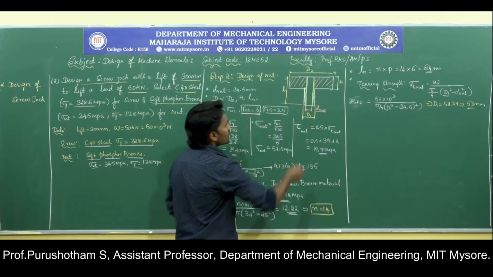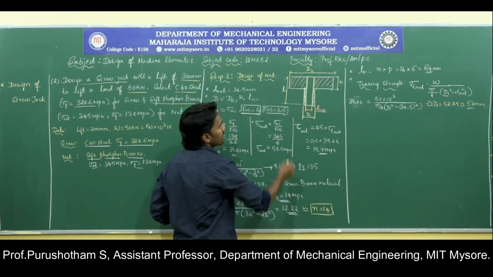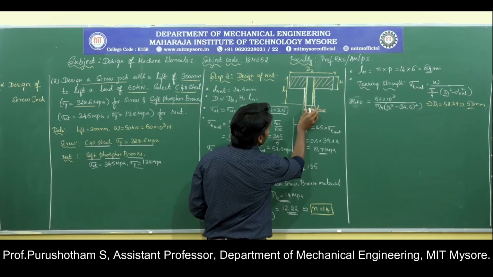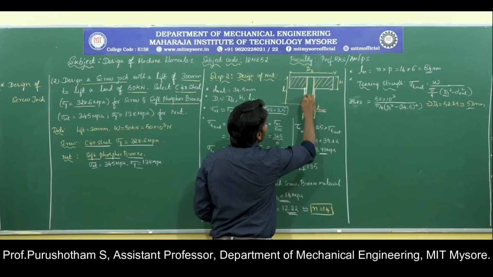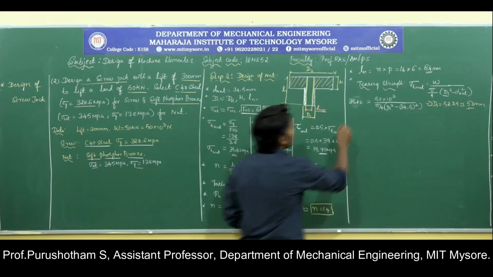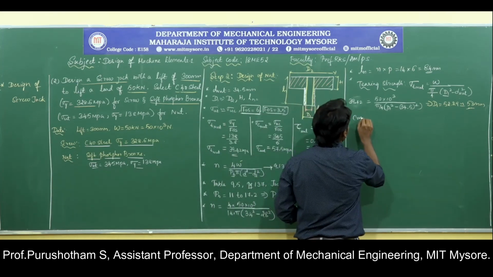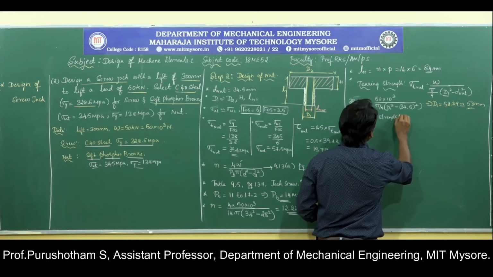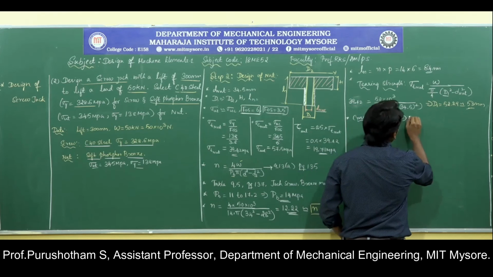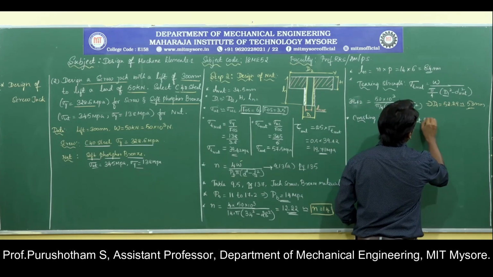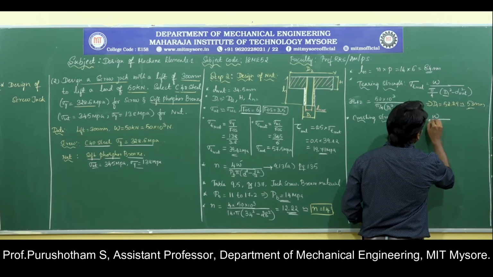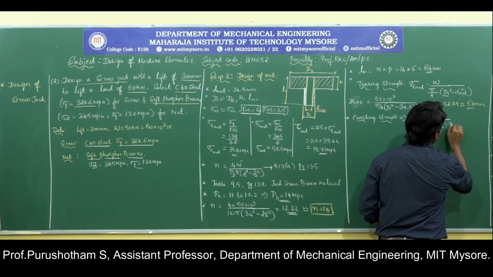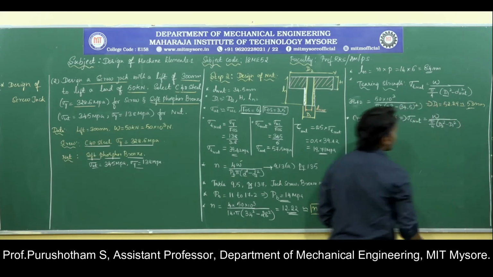That means, due to the application of load, the nut may tear in this region, between D of nut and D1. Then the crushing strength in the collar, sigma C of nut, is given by load by area, that is pi by 4 times d2 square minus d1 square.